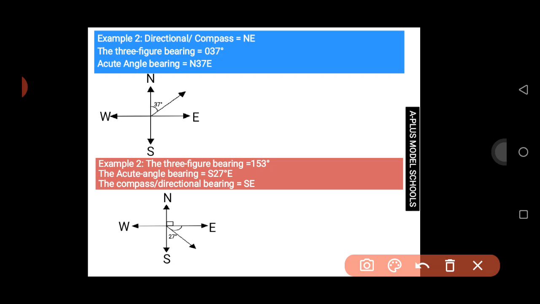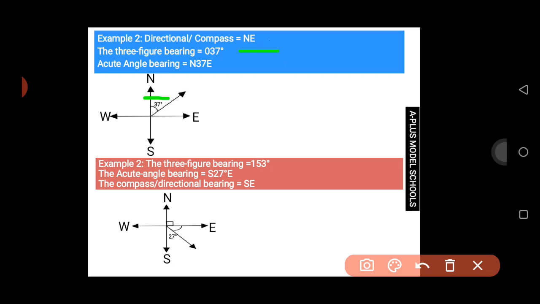Now, looking at this, we are given an angle of 37 degrees. If I want to count it from the north pole to the given point, that is 37 degrees. But to make it a three-figure bearing, you add a 0 to that 37 to give you 037 degrees.